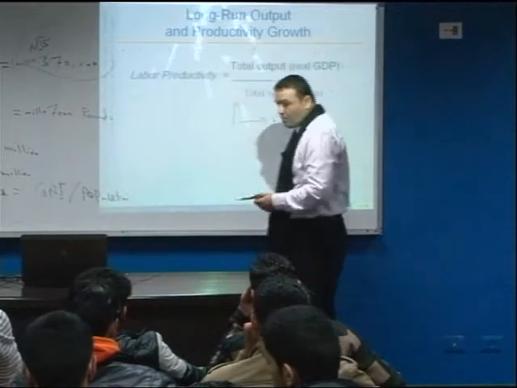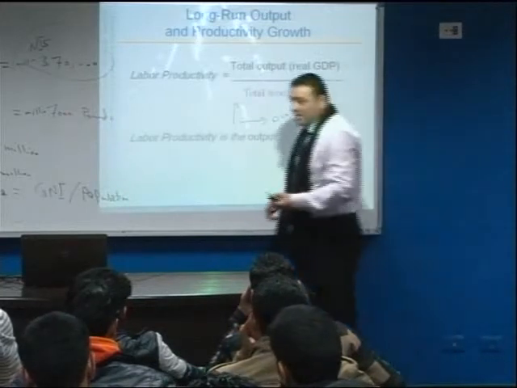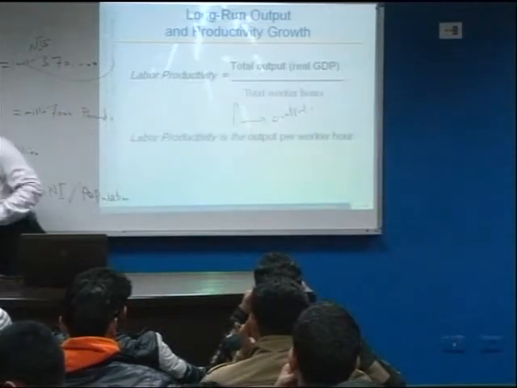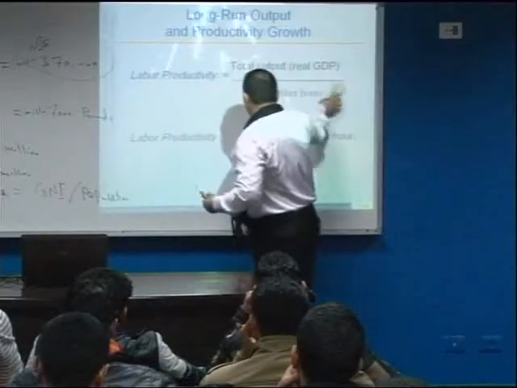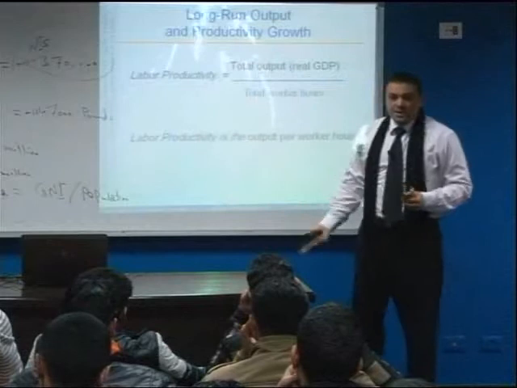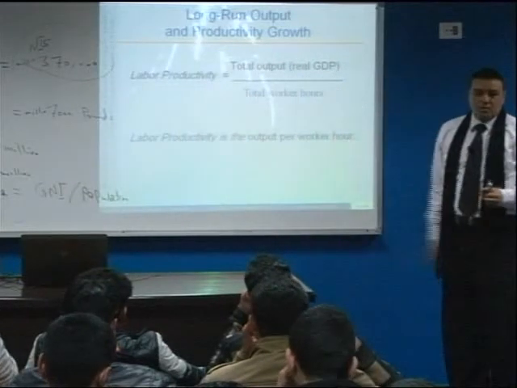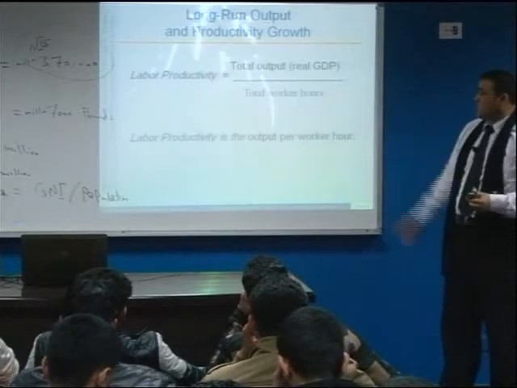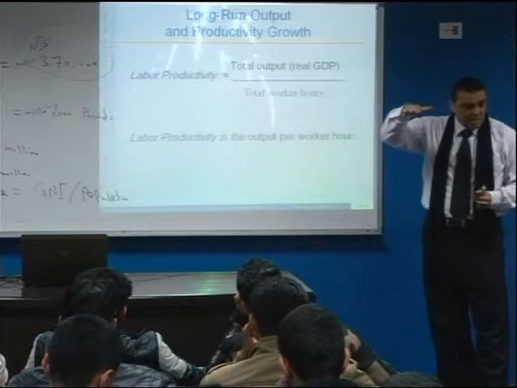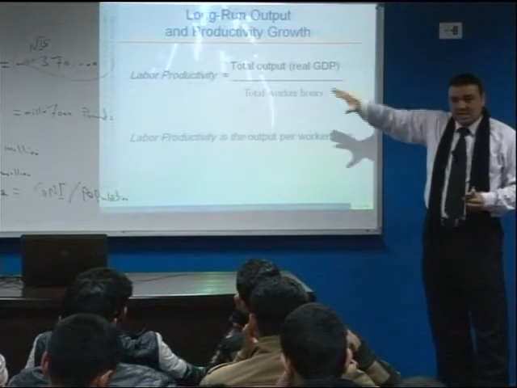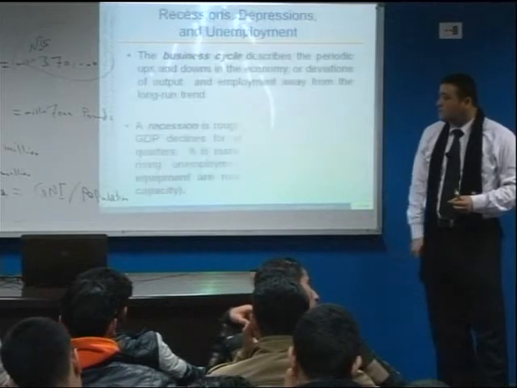So, how could we calculate the labor productivity? إنتاجية العامل شو بتساوي؟ As you see in this formula, the labor productivity equals what? The total output or the real GDP over the total worker hours. على عدد ساعات العمل. قديش بننتج على عدد ساعات العمل؟ This is the labor productivity, right?